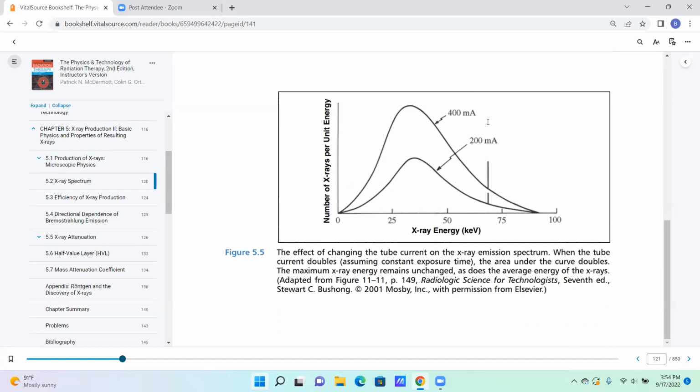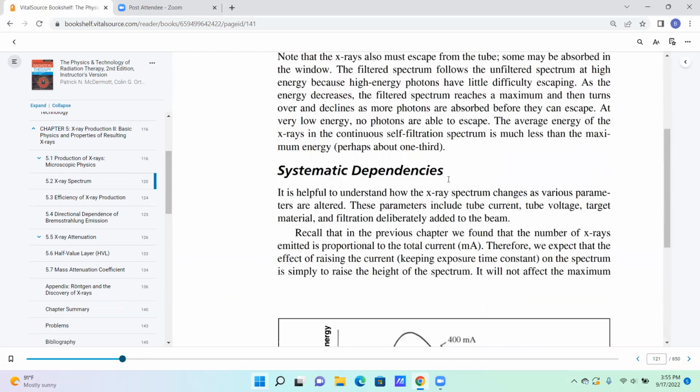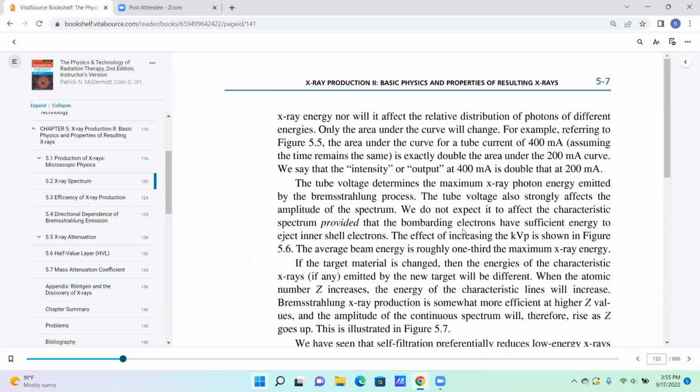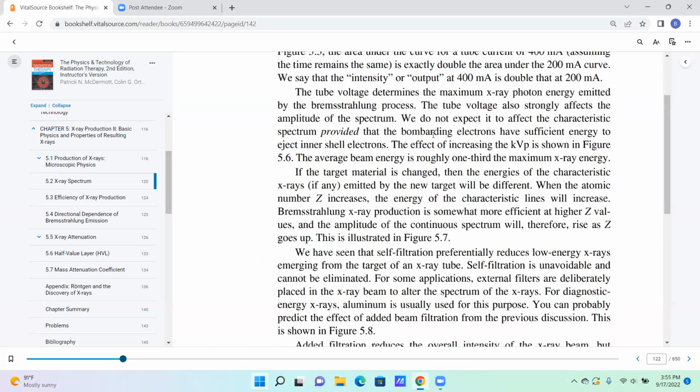You will see a change in the number because you've got twice as many coming through at 400 as opposed to 200. But it's going to have the same basic shape. It's just a larger amplitude between the two. And that's what those paragraphs up there discuss.